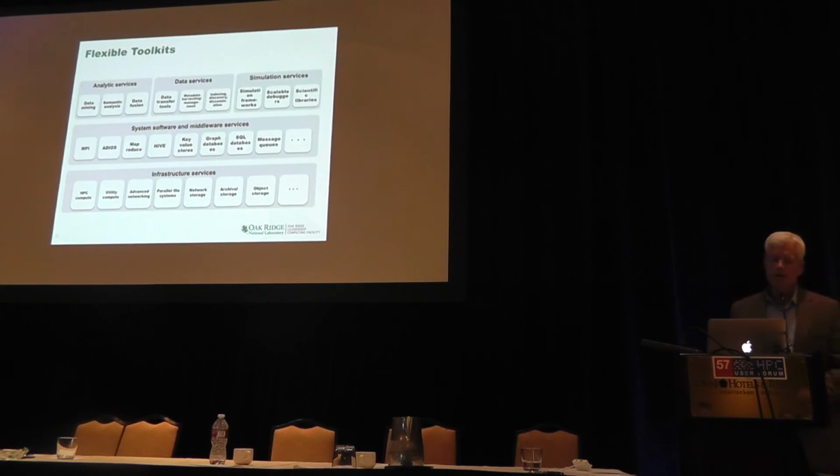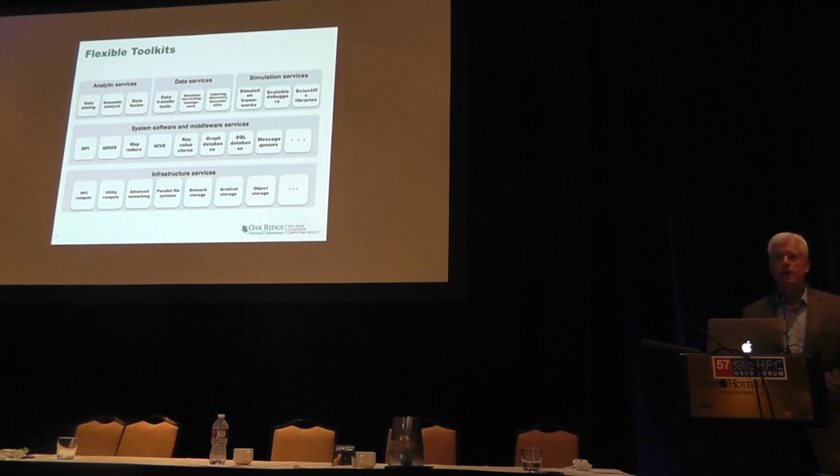And the idea here is to stand up an array of flexible toolkits and services. And many of these did not really exist at Oak Ridge a few years ago. I have another slide that gives you examples of the technologies.